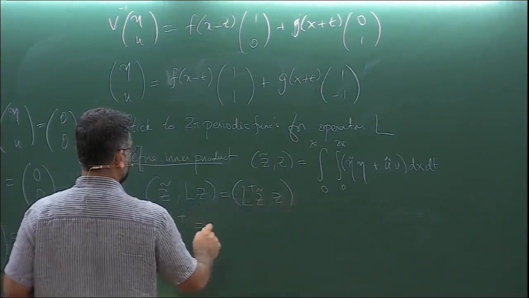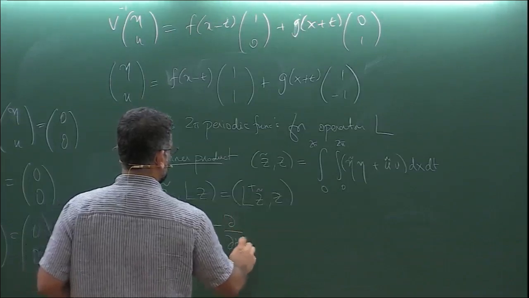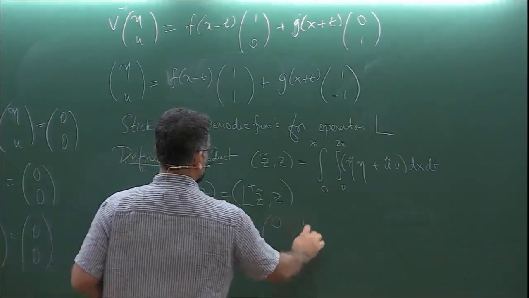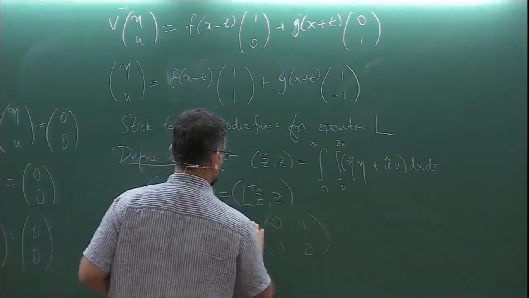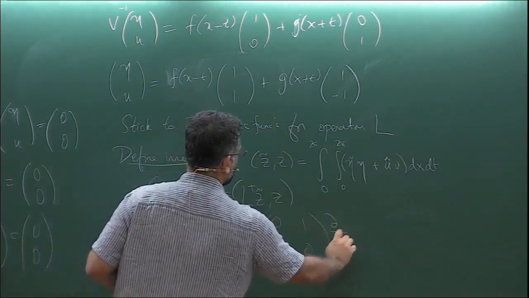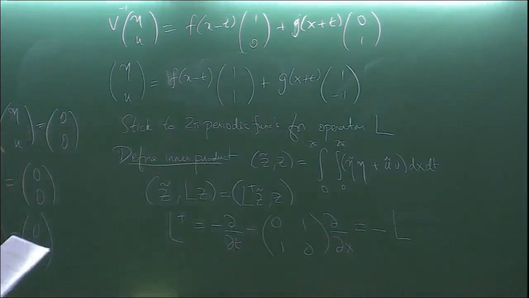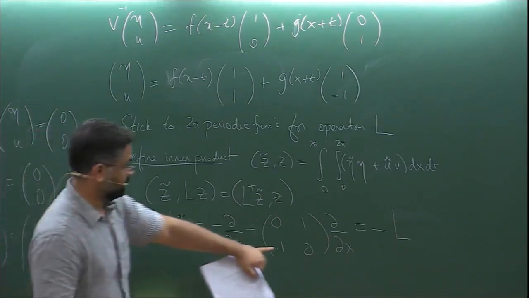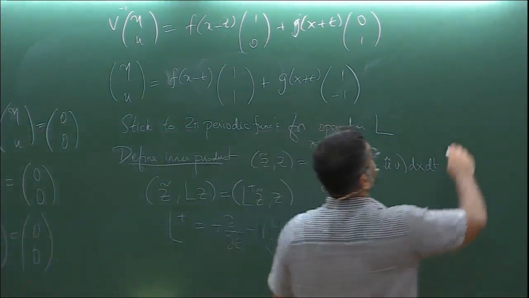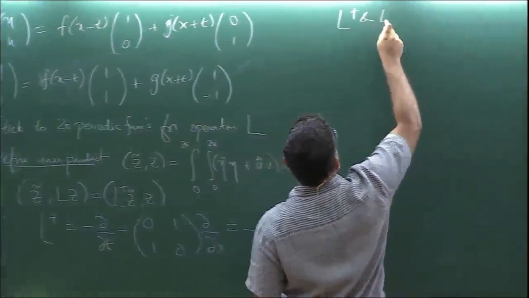we find the adjoint just to be negative L. Right? It's a real symmetric matrix, so the transpose didn't hurt it, and then the derivatives turn into negatives, and so L dagger turns out to be minus L, which means L dagger and L have the same null space.